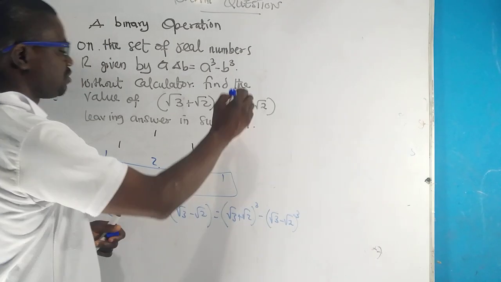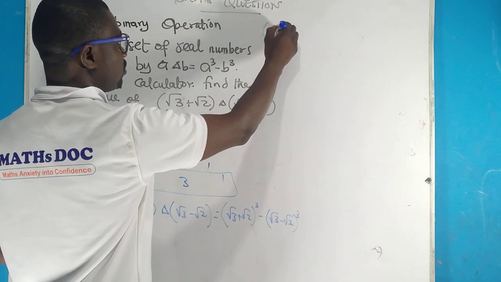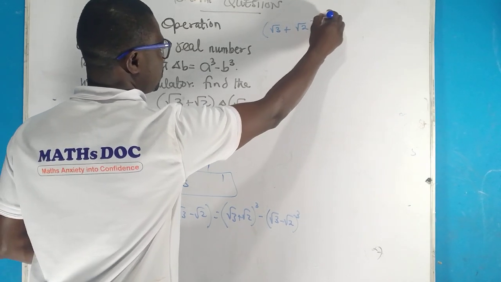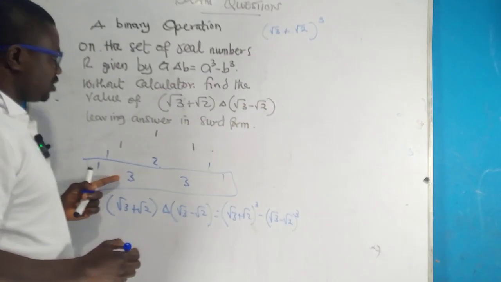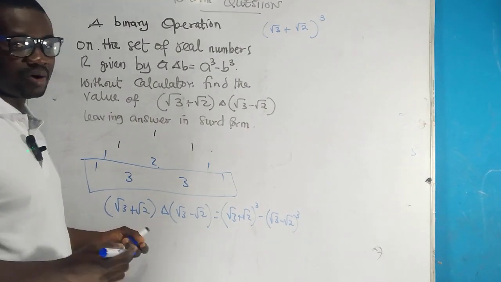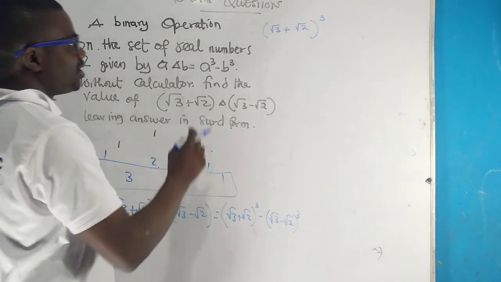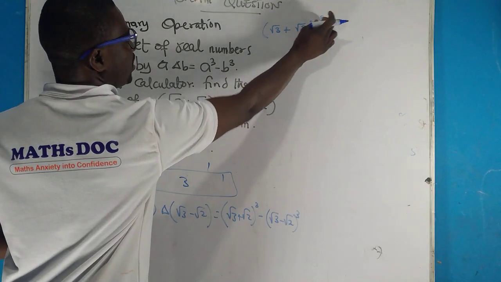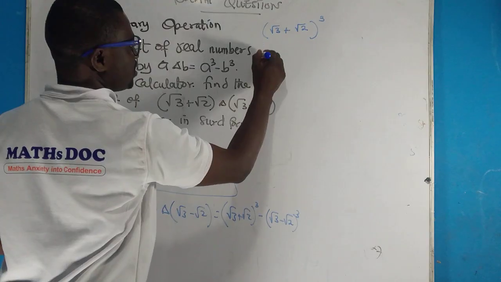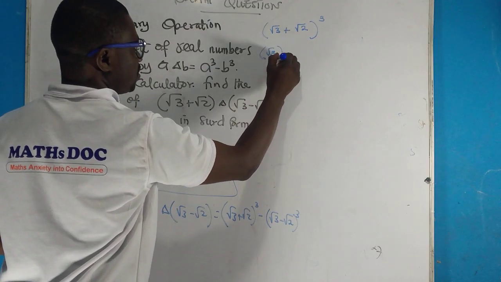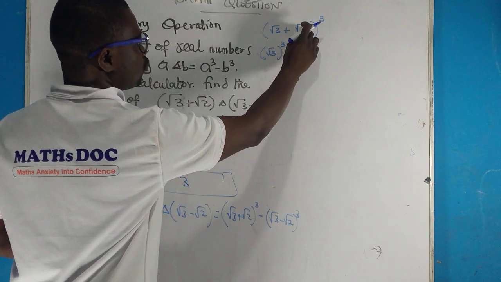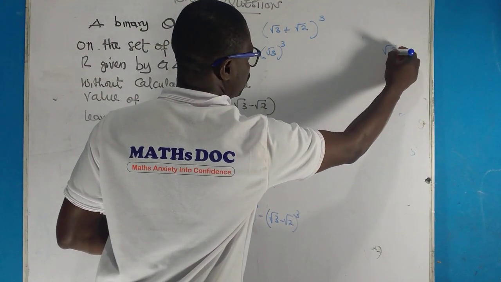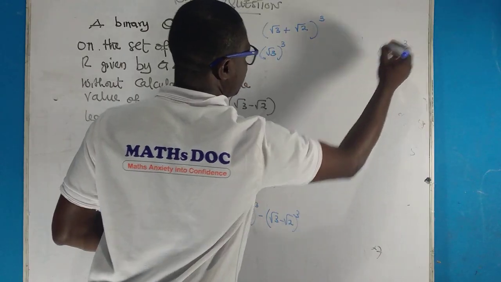Now let's pick the first aspect, which is root 3 plus root 2 exponent 3. With this expansion, I want to teach you a simple approach. For the binomial raised to the power 3, we do this: root 3 raised to the power 3, and also for the other side, root 2 raised to the power 3.